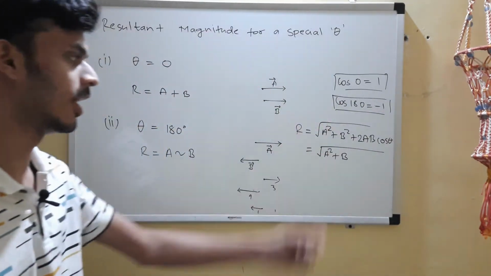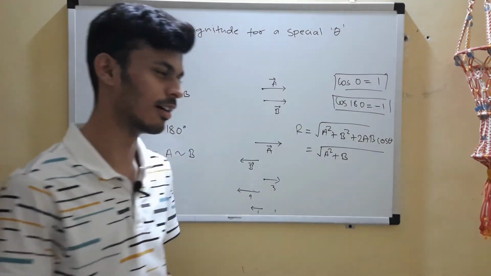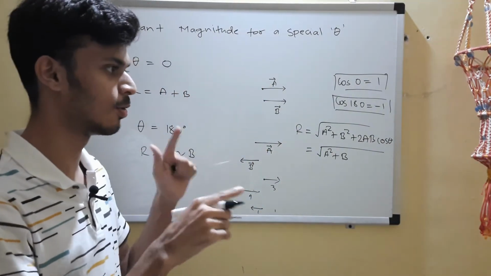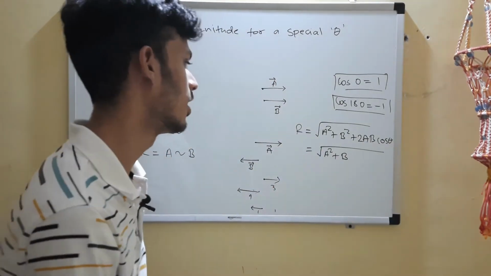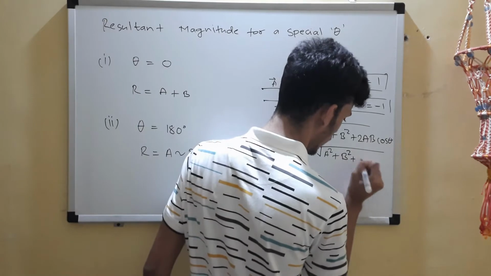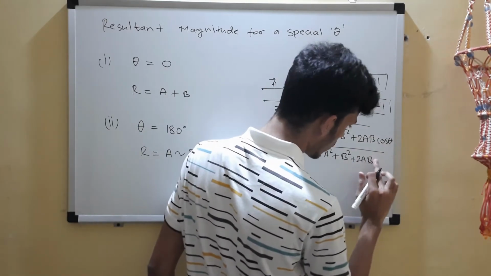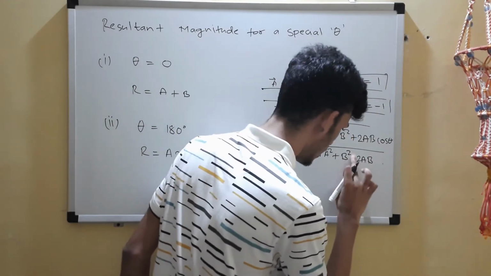Those who don't know can write that down. Remember the values of all the trigonometric ratios, especially sine, tan, cos, for the special angles like 0, 30, 45, 60, 90, and 180 and so on. Those angles you have to remember. And this is minus 1. I'll just write it this way.